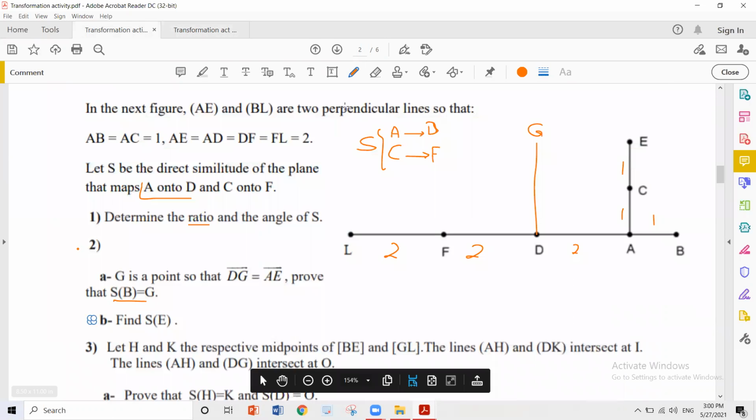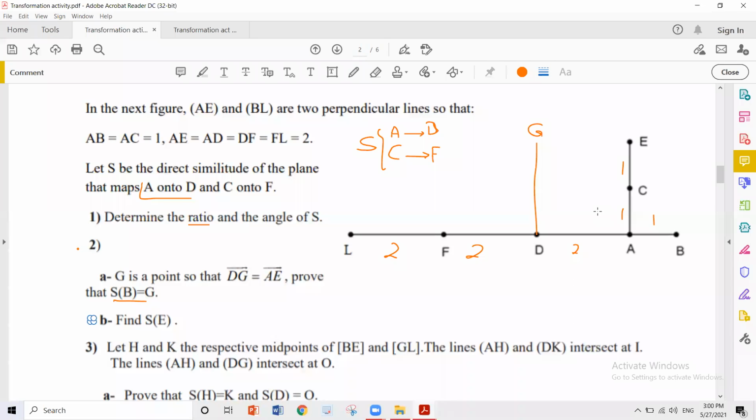Part B. How to find S of C, S of E. What can we say about C? C is the midpoint of AE.